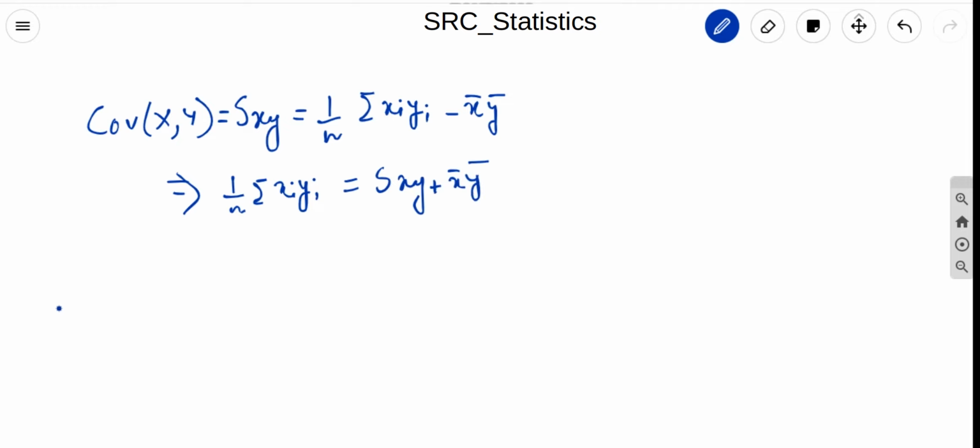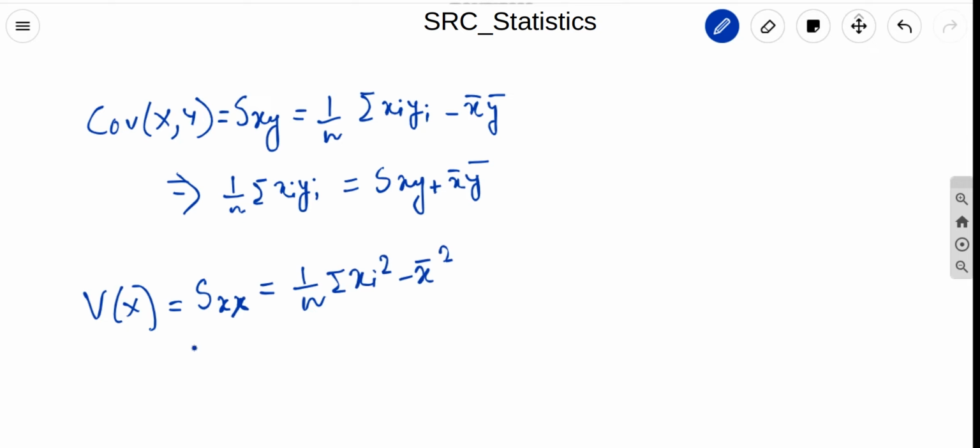Also the variance of x is given by the notation sxx or sx square. We shall use sxx. What is the formula for this? 1 by n summation xi square minus x bar square.